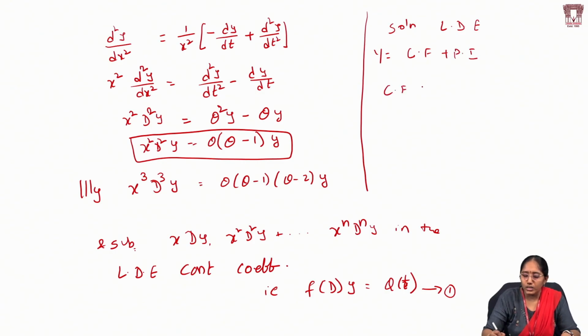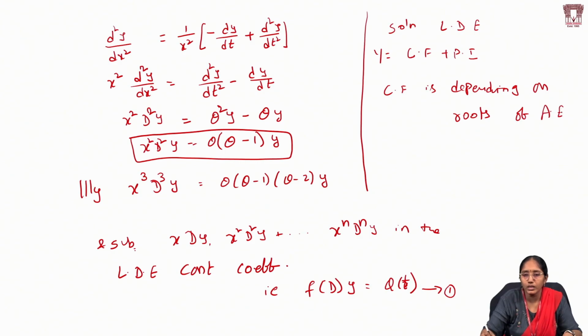Complementary function depends on the roots of the auxiliary equation, and the particular integral we find as 1 by f of D into Q of x, that is Q of t.